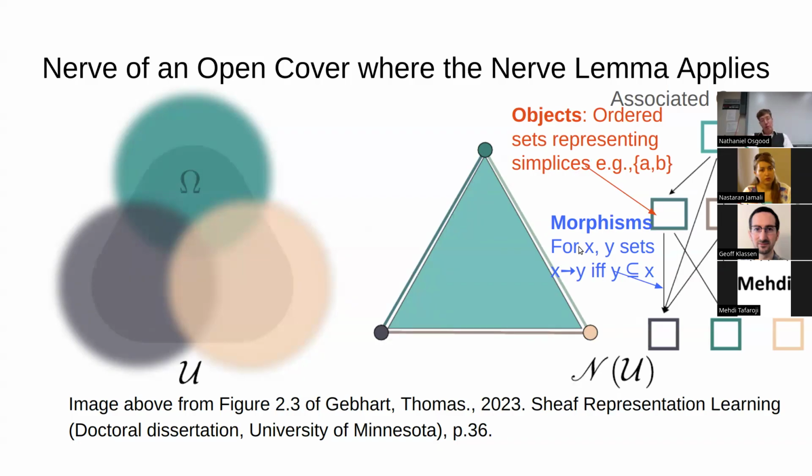Now, it turns out that abstract simplicial complexes like this, under a broad set of conditions, capture the topological structure of the geometric situation.